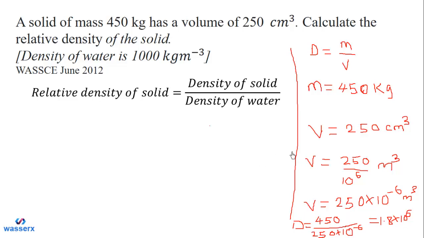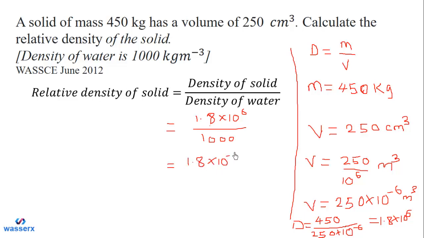Now we got the density of the solid, so we just have to plug it into the formula to get 1.8 times 10 exponent 6 all over the density of water, which is 1000 kilogram per meter cube, the same as 10 exponent 3.